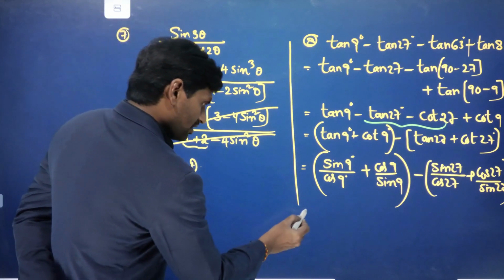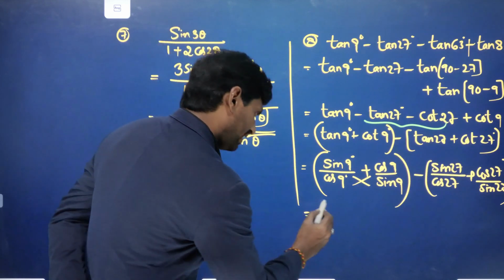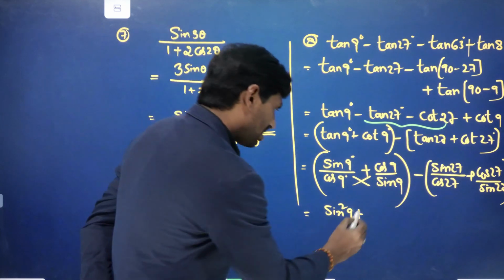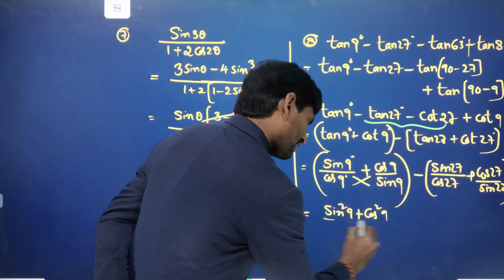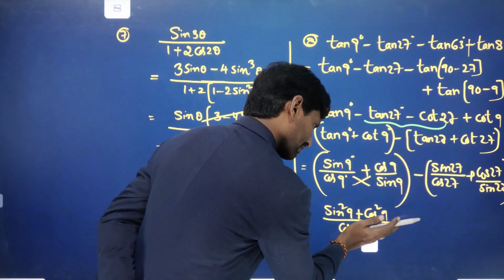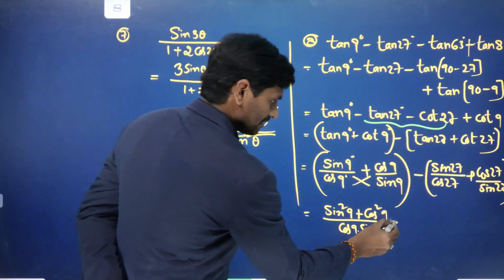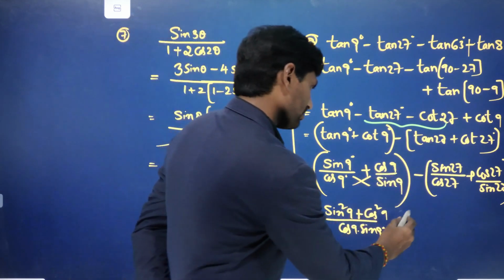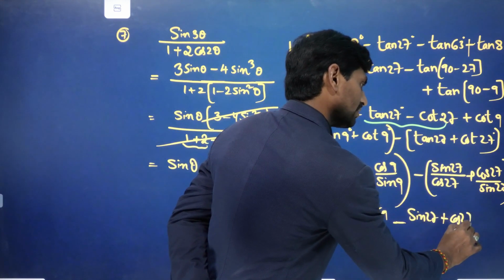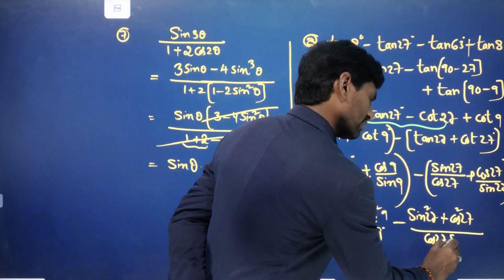Now try to apply the LCM here. Sin 9 into sin 9 is sin square 9 degrees, plus cos into cos, cos square 9 degrees, divided by cos 9 degrees into sin 9 degrees. Minus this one also, sin square 27 plus cos square 27 by cos 27 into sin 27.